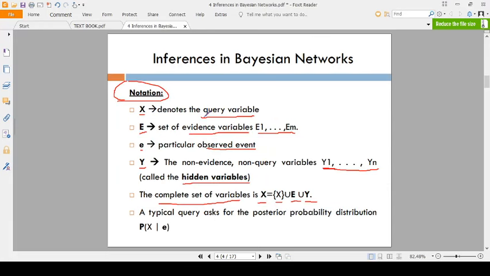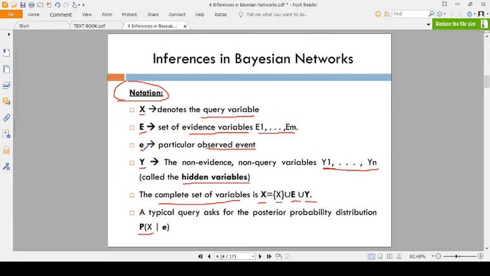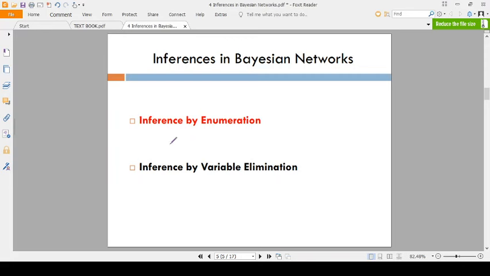What is the query variable here? Capital X. So you are calculating the probability for X by observing the event. What is the event here? Small e. So this is the representation P of X based on the evidence E.